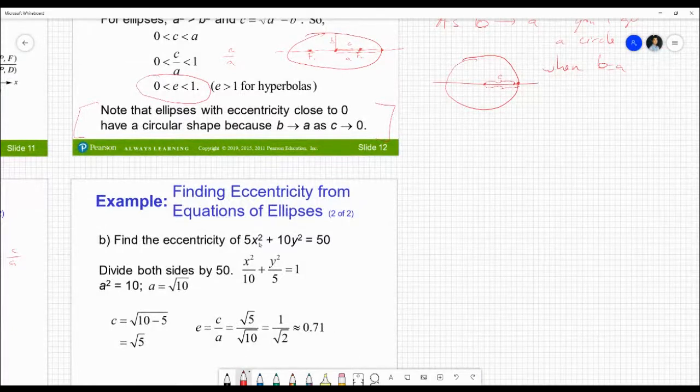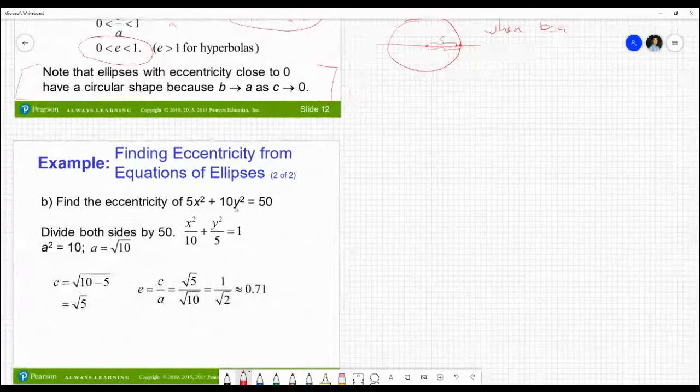Okay. So let's look at what this one will give us. Now we have to divide by 50 to get this equal to 1. So we have x squared over 10 plus y squared over 5 equals 1. Now remember, these values are squared, so we have to take the square root of 10.